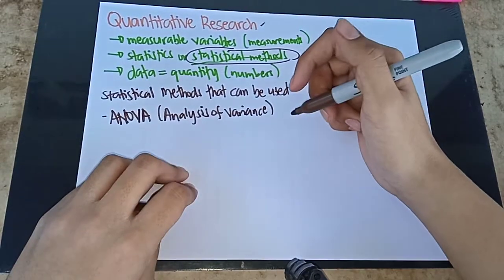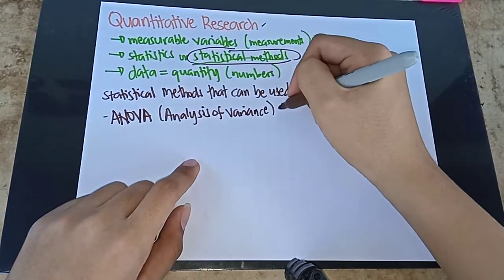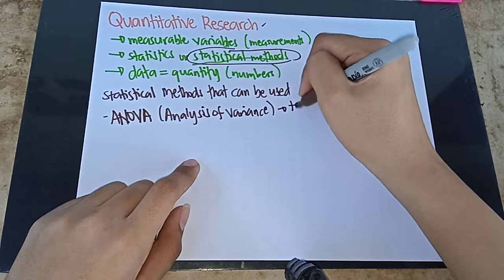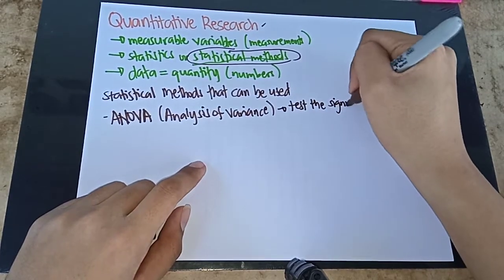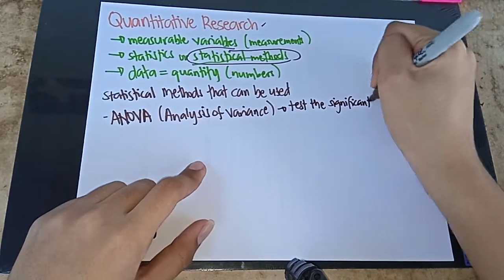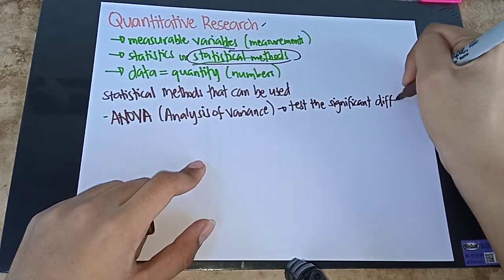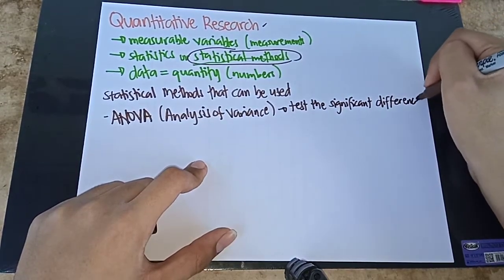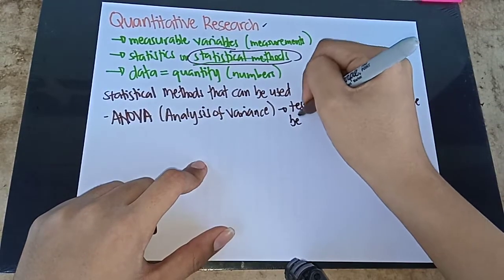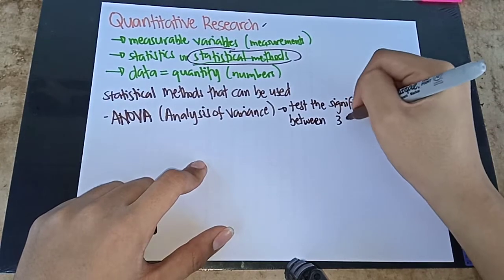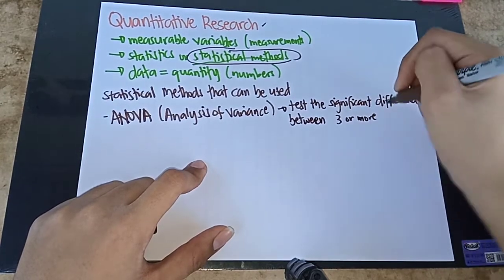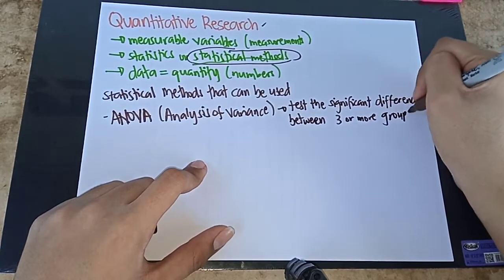So what is this ANOVA for? ANOVA is used to test the significant difference between or among three or more groups of variables.